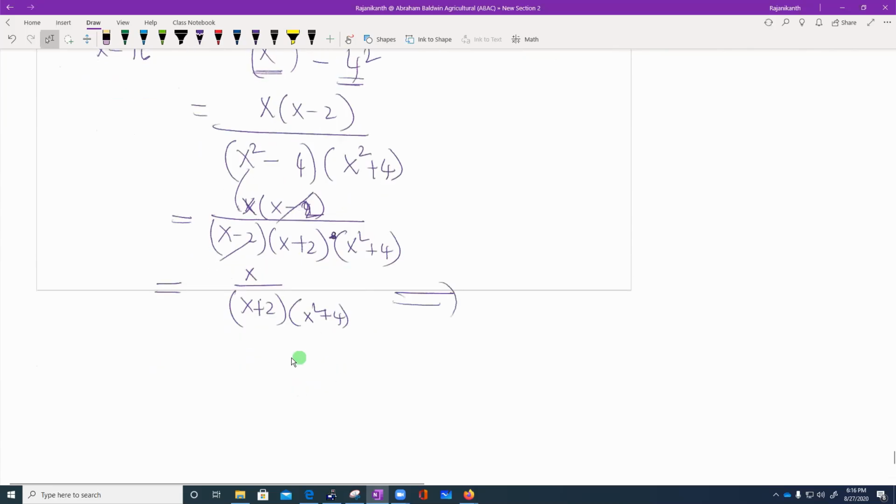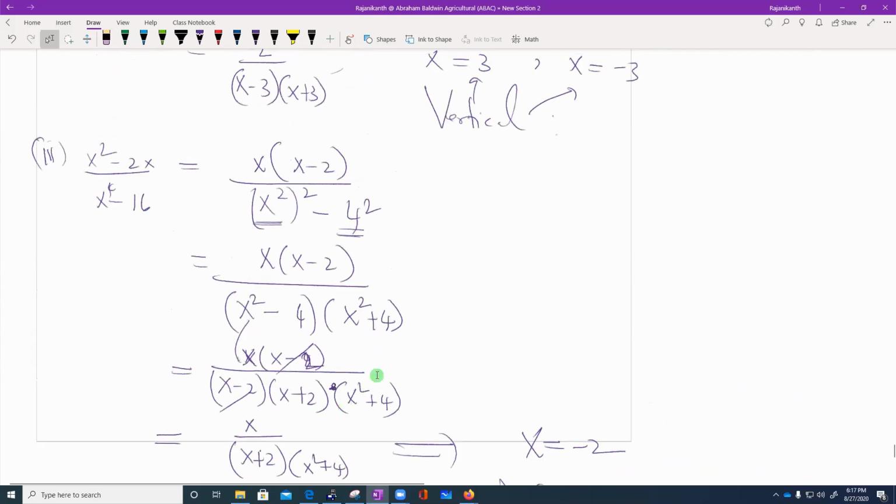For which value denominator getting 0? Only one value, which is negative 2, right? This parenthesis will never get 0, because all positive numbers. So this is always positive. Only the first parenthesis will be 0 when x is negative 2. Therefore, you will get only one vertical asymptote for this problem.